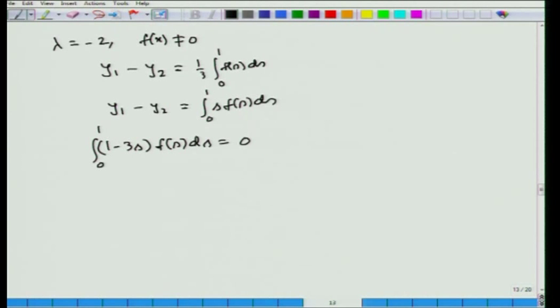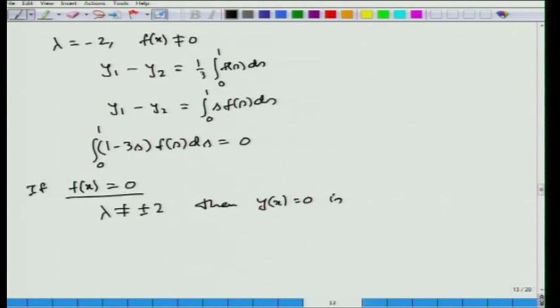So, now the case when f(x) is equal to 0. If f(x) equals 0 and lambda not equal to plus minus 2, then y(x) equal to 0 is the only solution, which we have discussed earlier also.